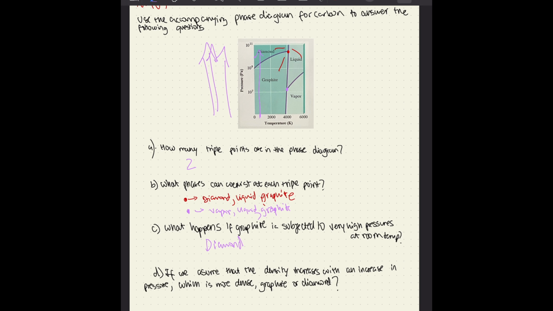So the higher the pressure, the more dense the thing. So it's gonna be diamond. Graphite, when it comes to higher pressures from the last question, becomes more dense. It becomes diamond. So it makes sense that diamond would be the one that is more dense.